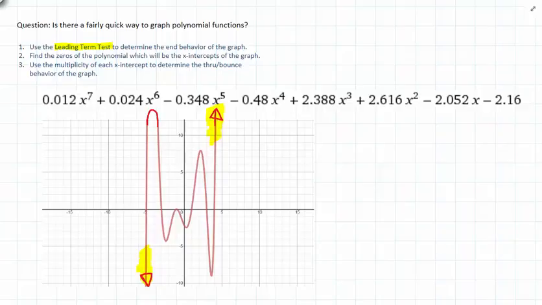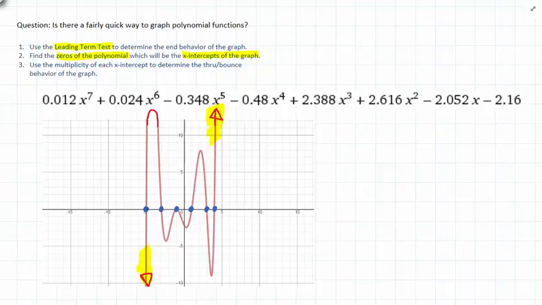The second piece of information we're going to find is the zeros of the polynomial, which turn out to be the x-intercepts of the graph. Okay, so here on this graph, we're going to locate these points. So remember, you already have the end behavior, the left and the right end behavior.